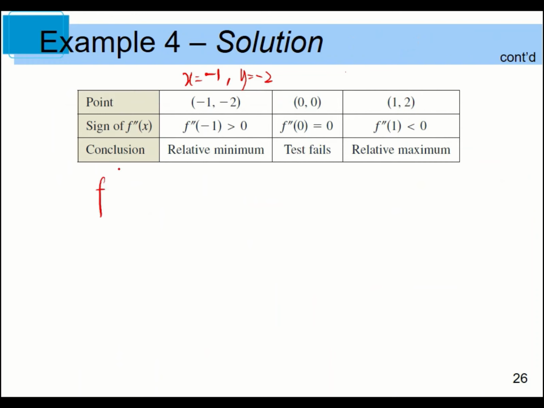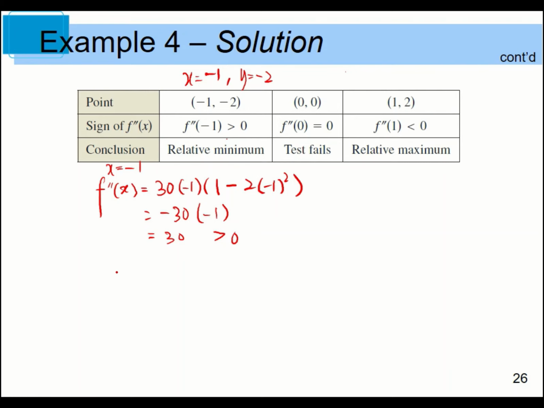When x is negative 1, the second derivative is 30 times negative 1 times (1 minus 2 times negative 1 squared), and this gives us a positive value, since it is negative 30 times negative 1. So we have 30 here. This positive value tells us that this point is a relative minimum point.